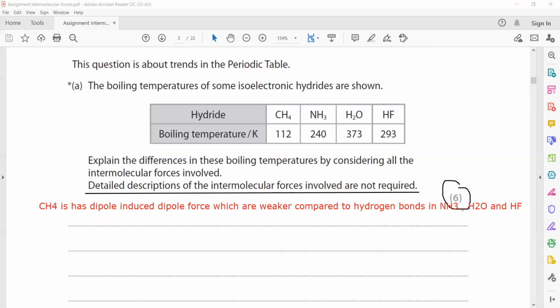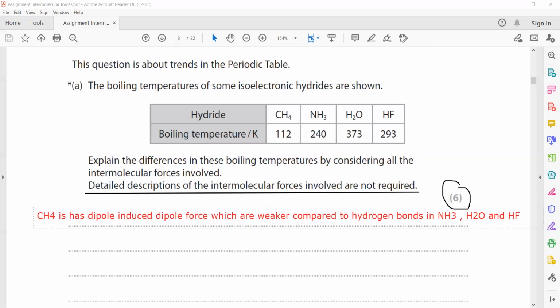That's the first point, explaining the type of forces which are present. So when you mention CH4 has dipole-induced dipole force, that is 1 mark. The second thing you will mention, the others have hydrogen bonds, that is the second mark. And then you will compare that dipole-induced dipole forces are weaker compared to hydrogen bonds, and that will give you the third mark.